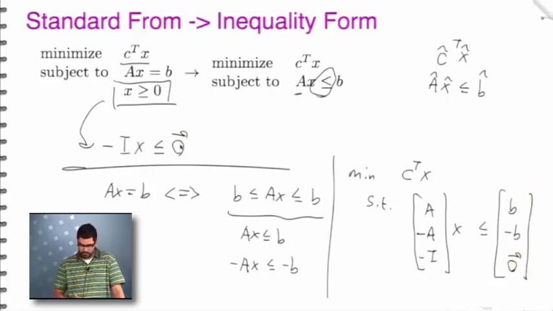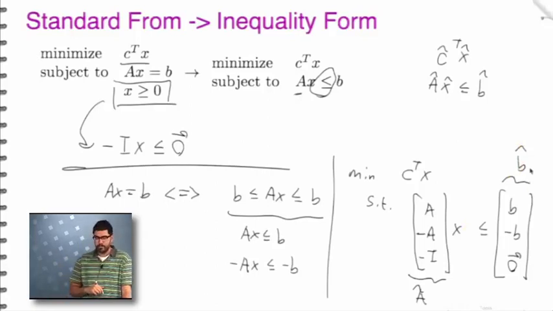To be more specific, now we have our new A hat. X is still X hat, X and X hat are the same in this case, and my B hat has changed. All right, so that completes this.